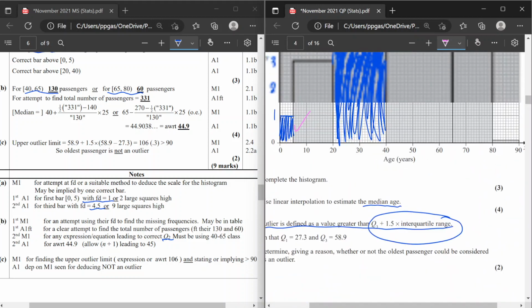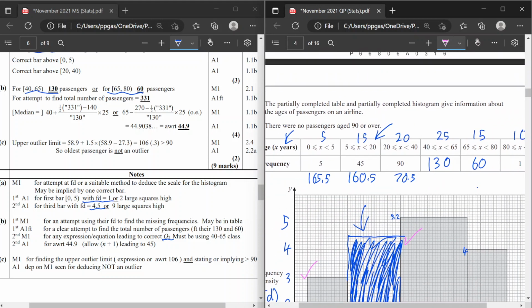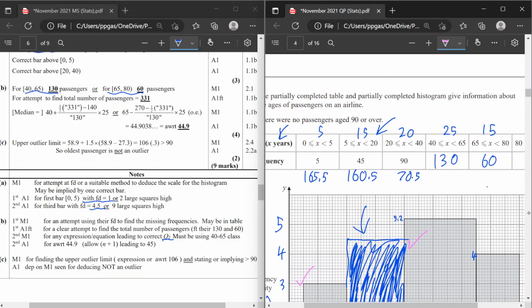Okay. I think what you're supposed to do is you get 165. Oh, I wrote it down here. So you start off with 165. Then you minus, oh my goodness. Yeah, I see what I've done now. That's quite embarrassing. So to get from 165 to the next one, you've got to minus 5, because that's how many people are in this group.